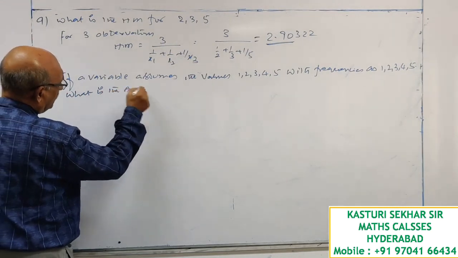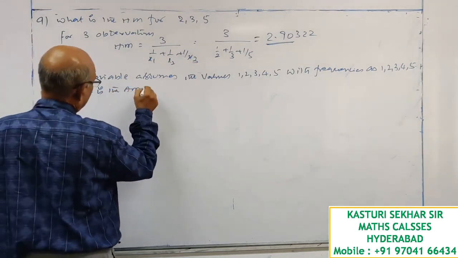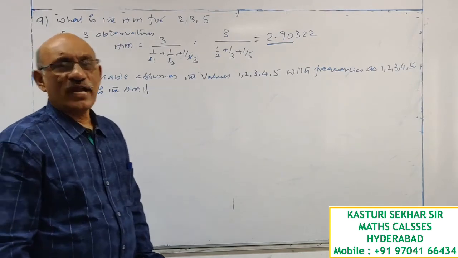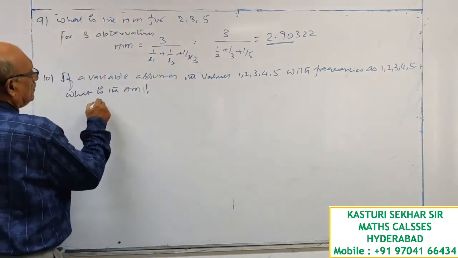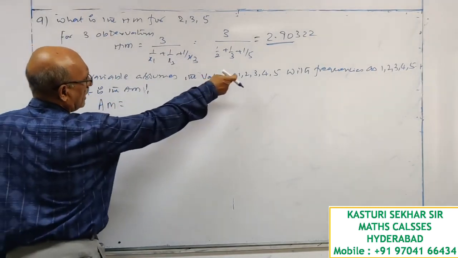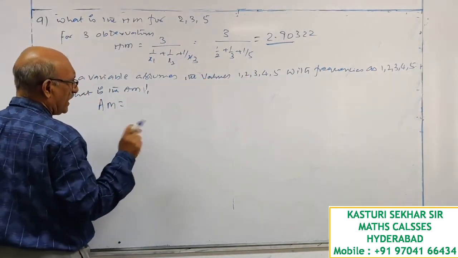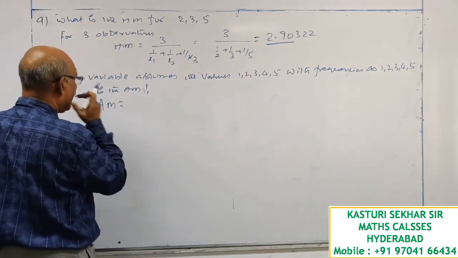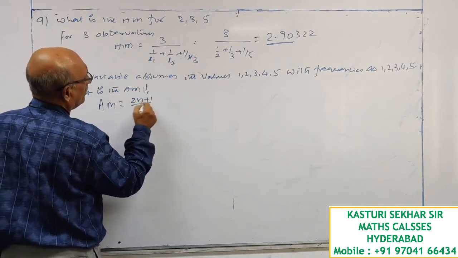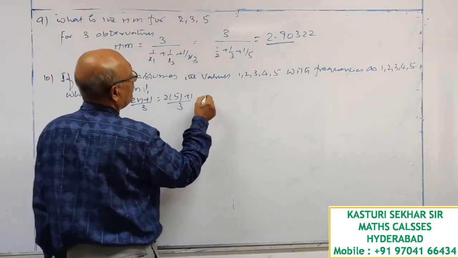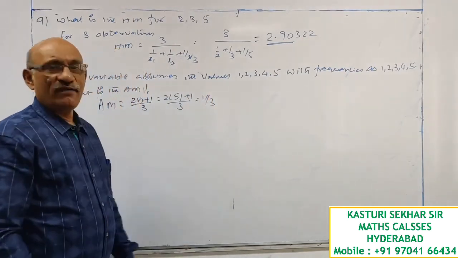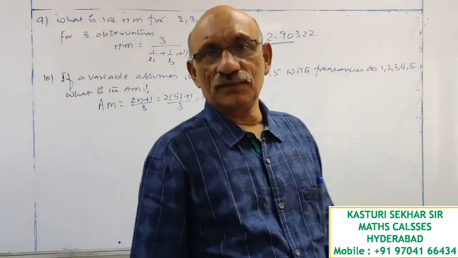We have a straightforward result. When the frequencies and the values the variable assumes are the same, arithmetic mean is equal to (2n plus 1) by 3. 2 into 5 plus 1 by 3, this is 11 by 3. Straightforward, you can write using the result.